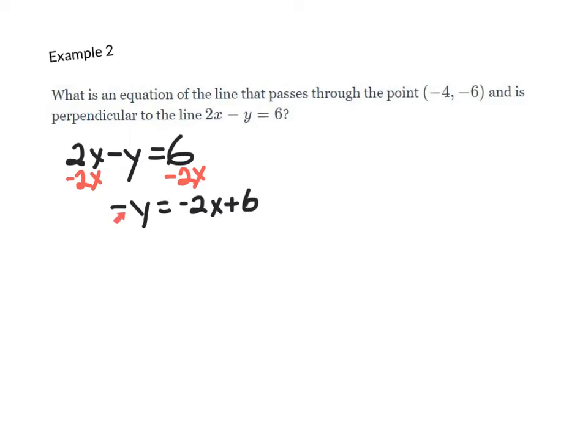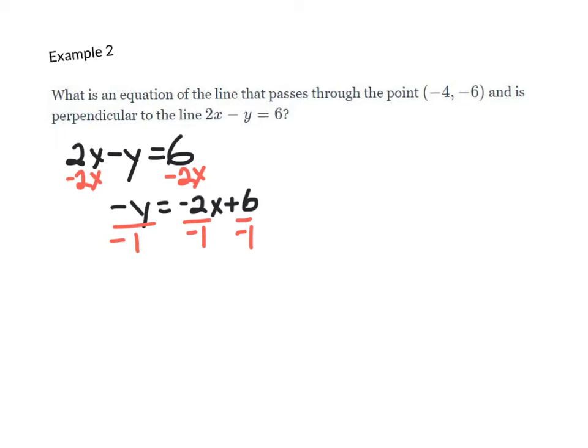Well, we're not looking for negative y equals. We want positive y equals. Well, this is like saying negative 1y. If you want to make that a positive, then you have to divide by a negative 1. You're dividing all of this by a negative 1, though, to keep it equal. And really, all that happens is this negative y divided by negative 1 just becomes positive y.